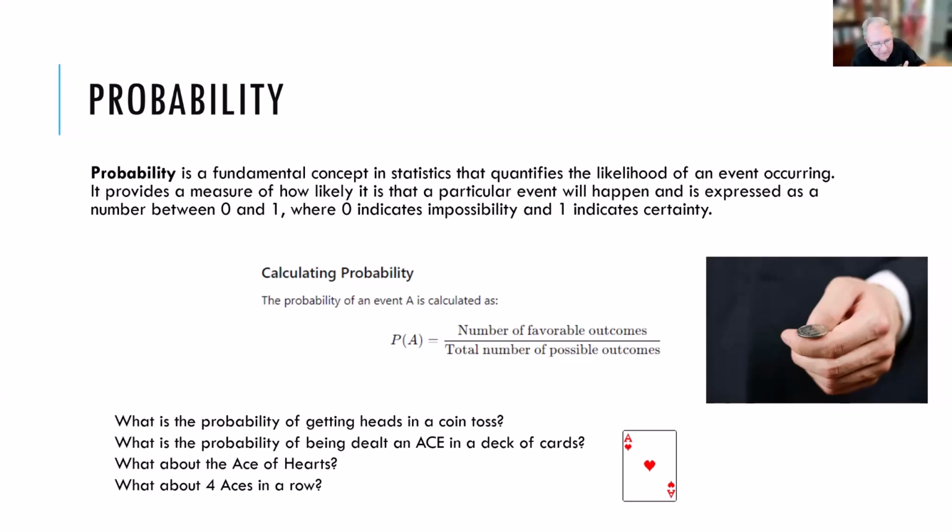So it's 4/52 times 3/51. What is the chance of being dealt the third ace? How many aces are left? 2/50. And then the fourth one would be 1/49. You multiply those 4 fractions, and that gives you the probability of being dealt 4 consecutive aces. So that's how probability works.